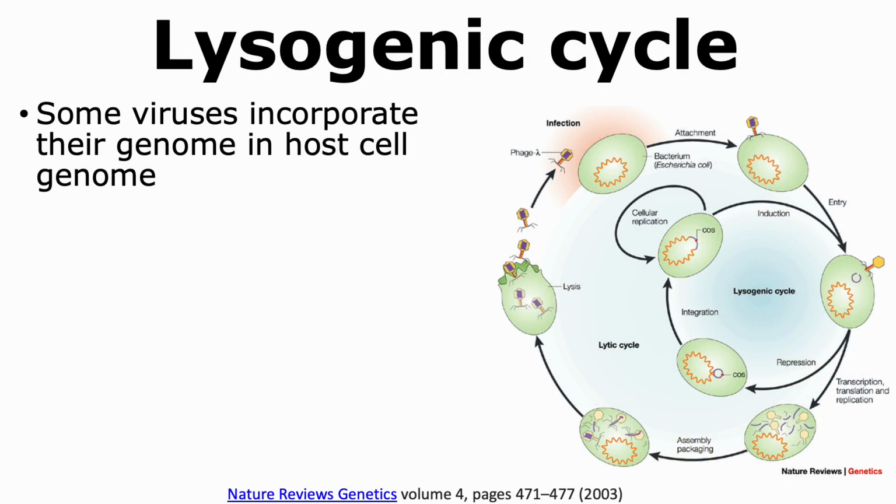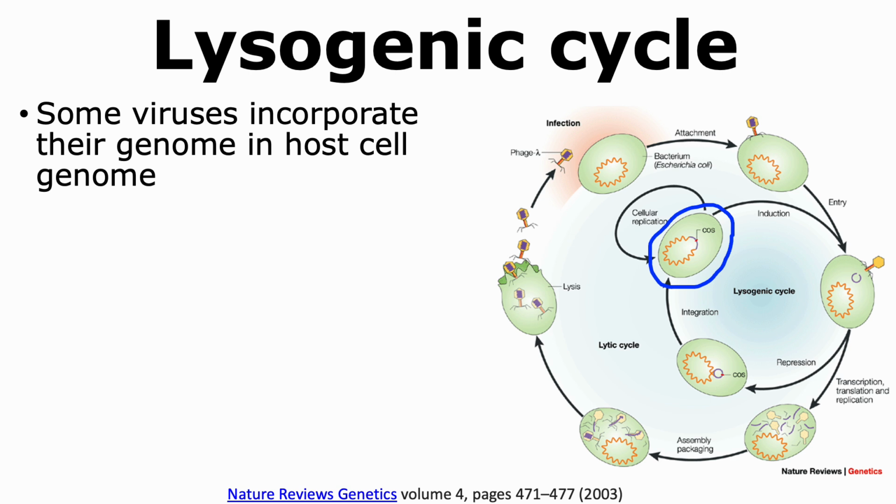Now, some viruses have the ability of incorporating their genome into the host cell's genome. So, for example, when this virus infects the host cell, it inserts its genome into the host cell. That viral genome finds its way to the host cell's genome and then gets incorporated so that it is now part of the host cell's genome.